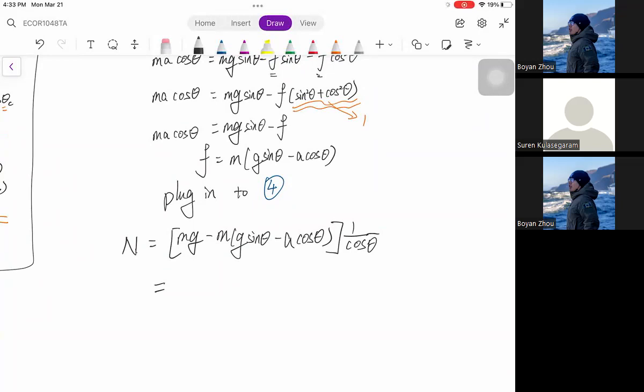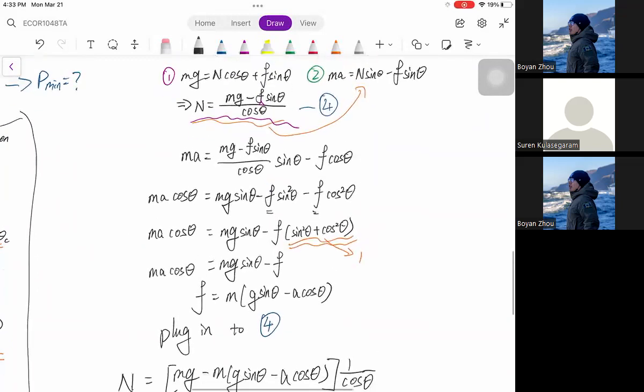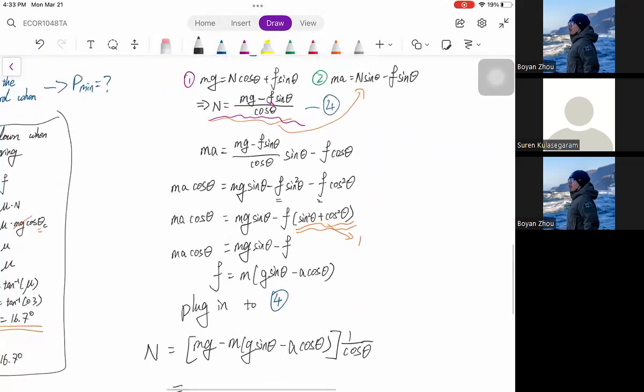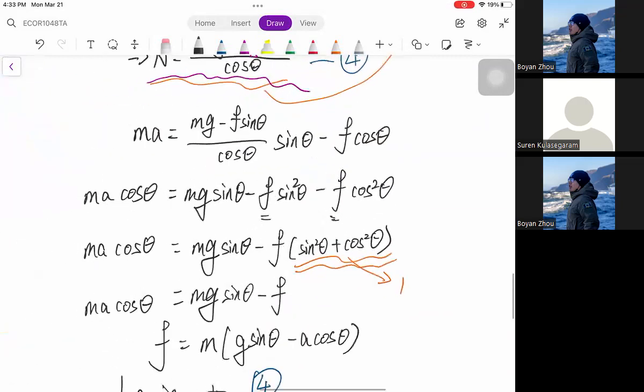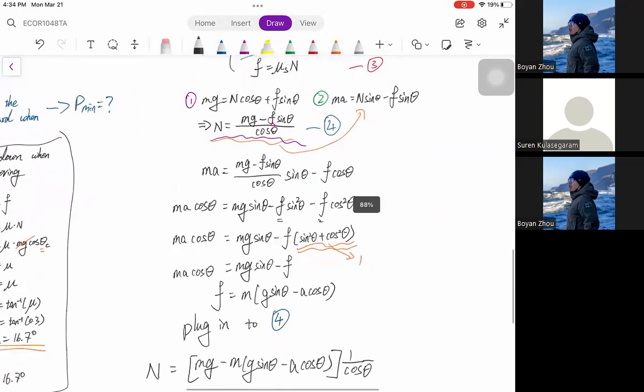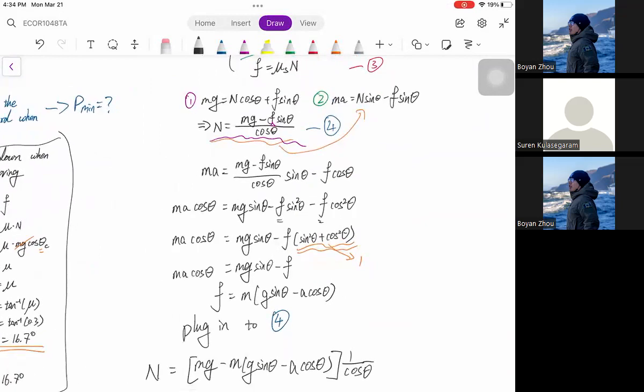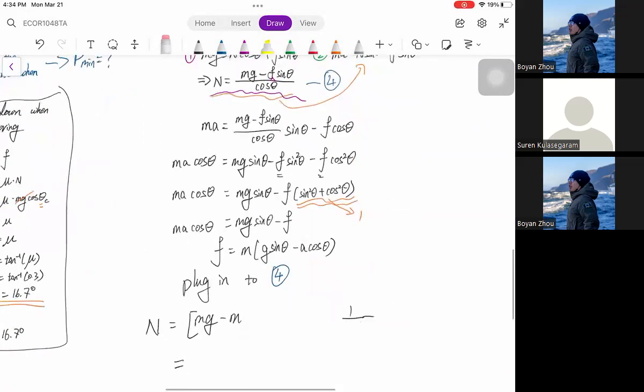Wait, I think I missed something here. Minus f, that is g sine theta minus a cosine theta times sine theta.